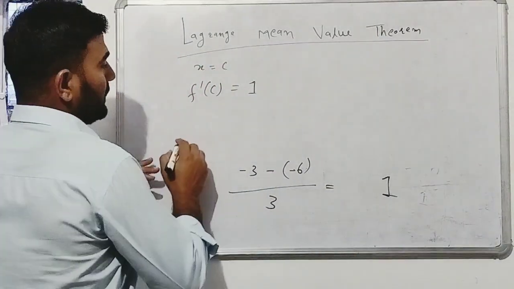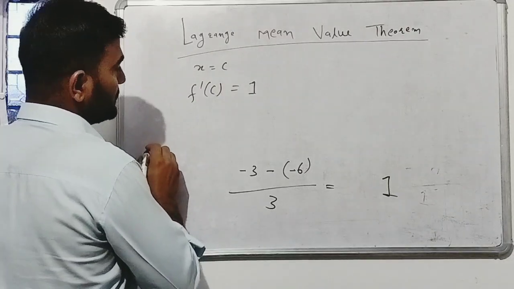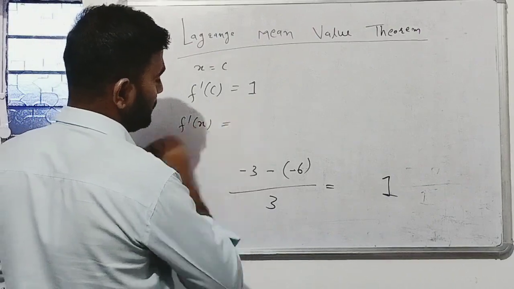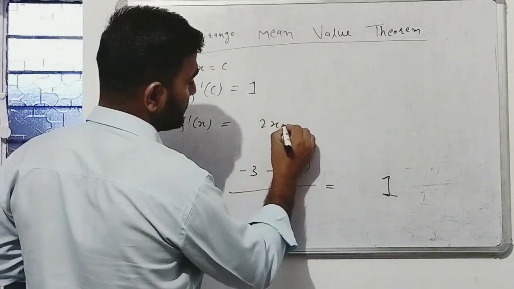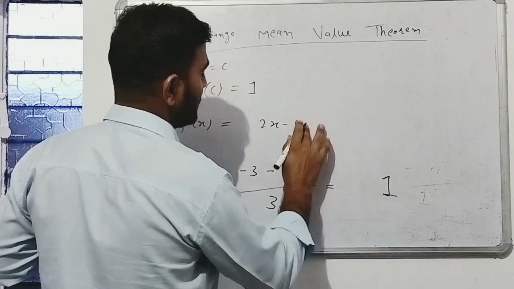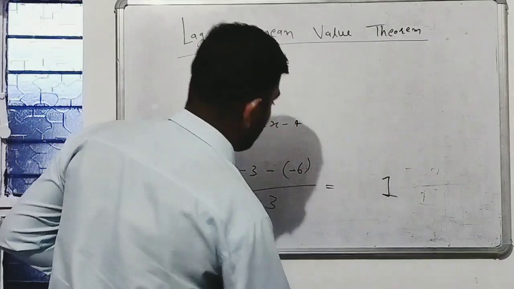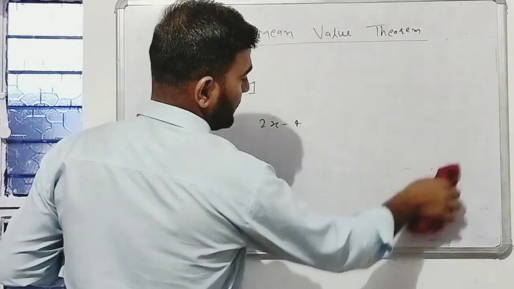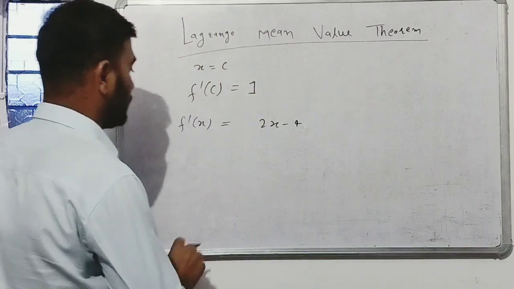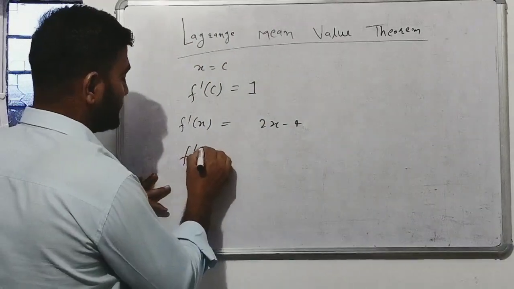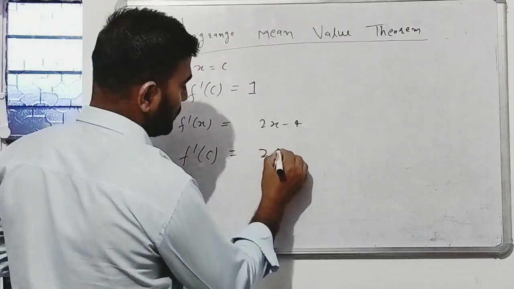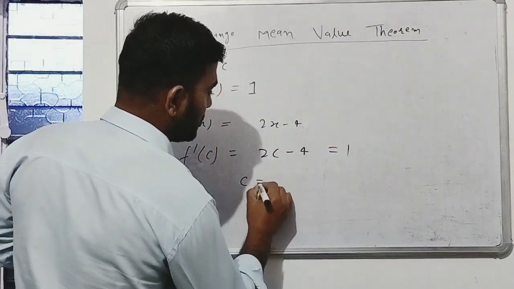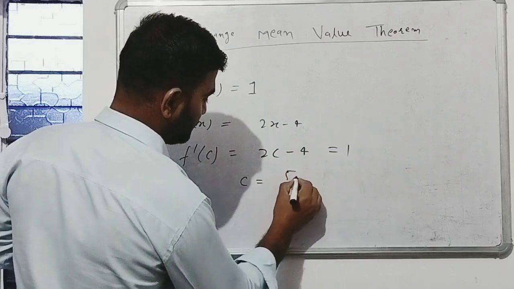If we take the derivative of the function x square minus 4x minus 3 with respect to x, then we get f dash x is equal to 2x minus 4. So now f dash c will be equal to 2c minus 4, and that is equal to 1. So c will be equal to 5 by 2.